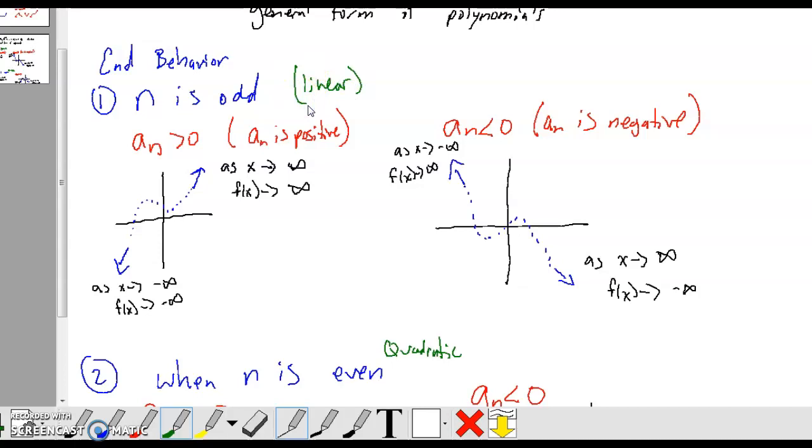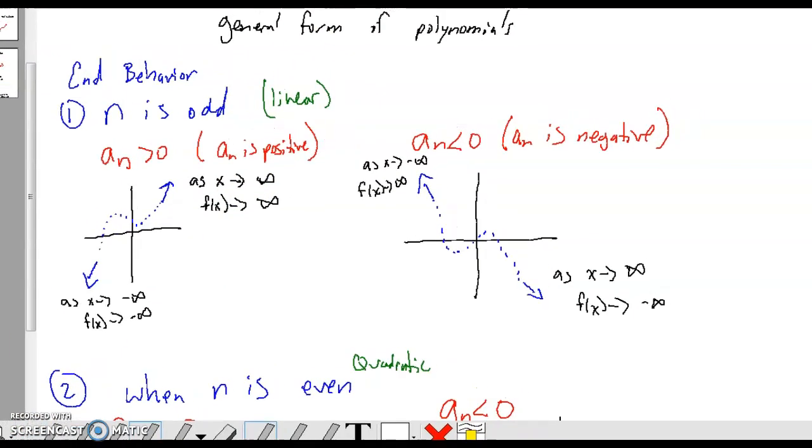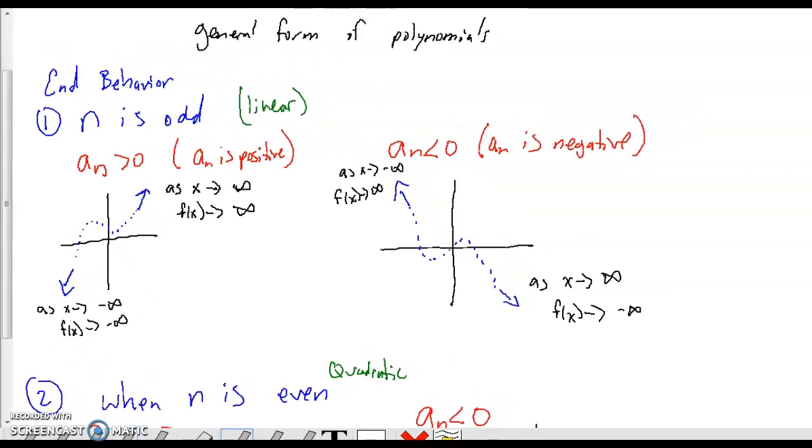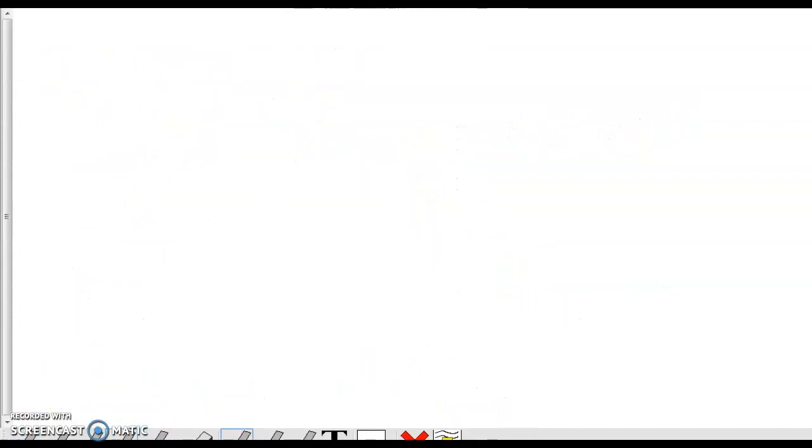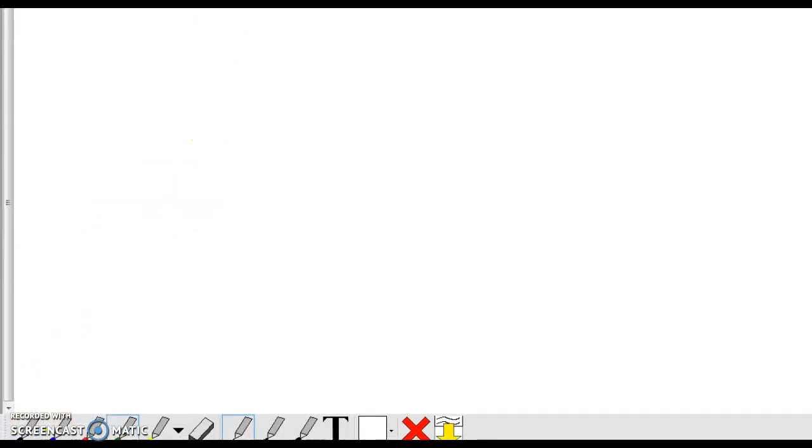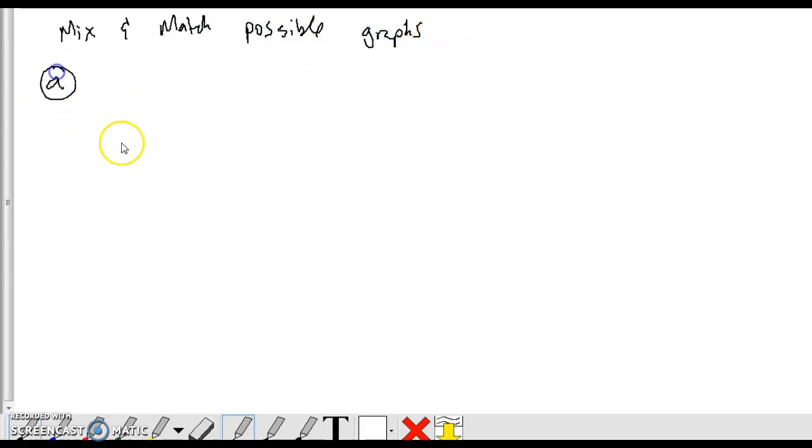Okay, so what I want us to do now, let me move this back over, is let's play a little matching game. So let's mix and match possible graphs. So here's my A, and I'm going to draw something that looks like this.